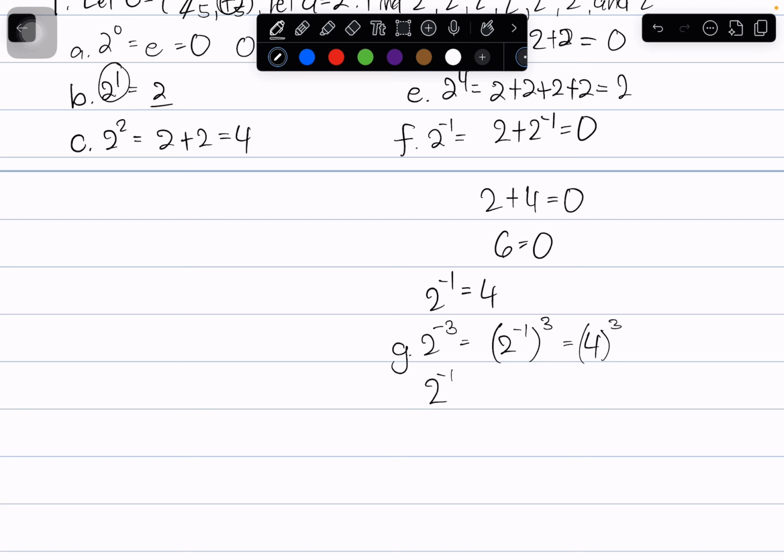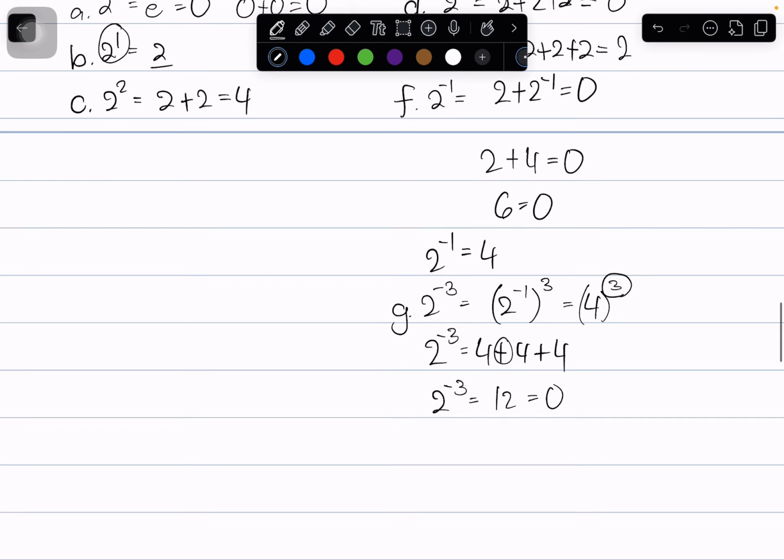So 2 inverse 3 is also equal to 4 plus 4 plus 4. Again, we're using addition because addition is our operation. We're trying to find n copies, 3 copies. So now 2 inverse 3 is equal to 12. But 12 modulo 6 is equal to 0. So we know that our 2 inverse 3 is simply the identity element, which is 0.